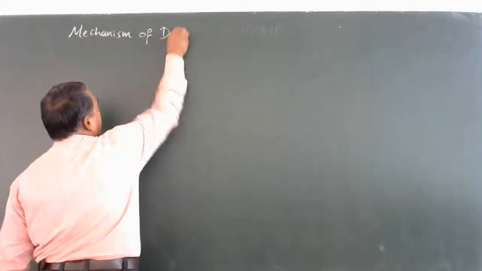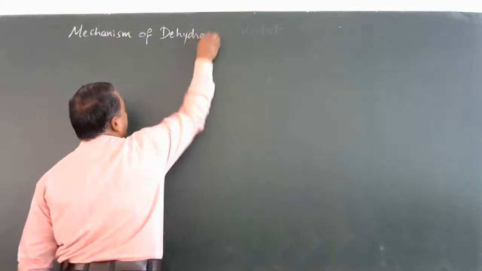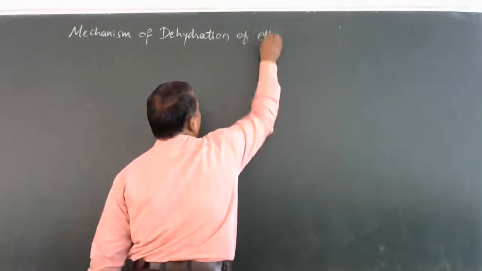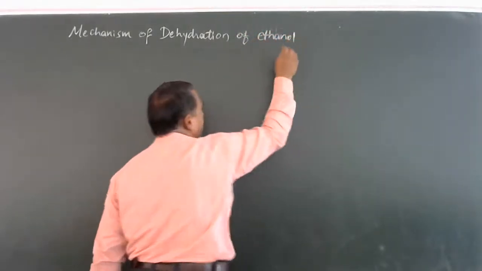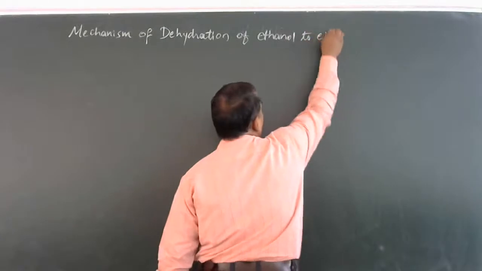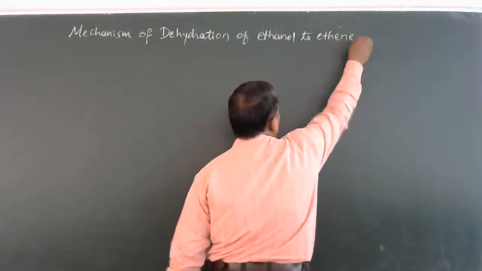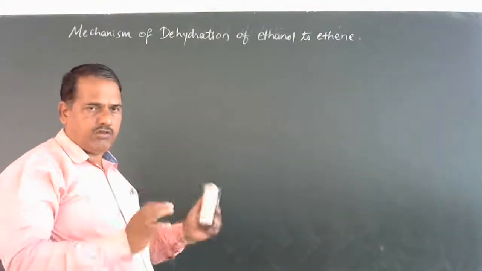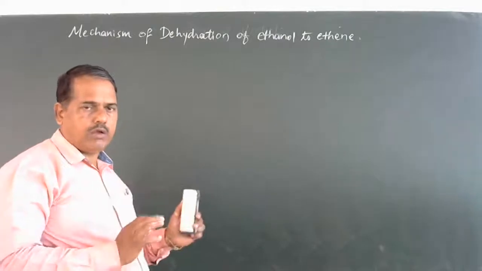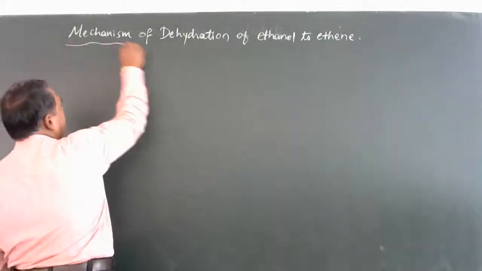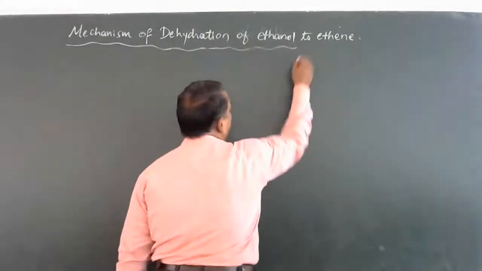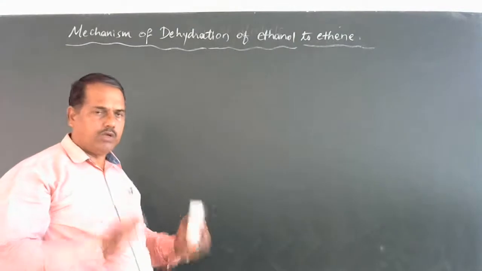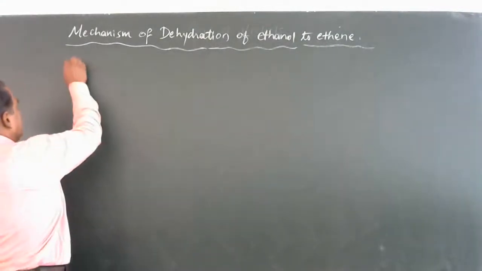If you go through the annual examination question paper, every year you will get one question for 3 marks: dehydration of ethanol to ethene.